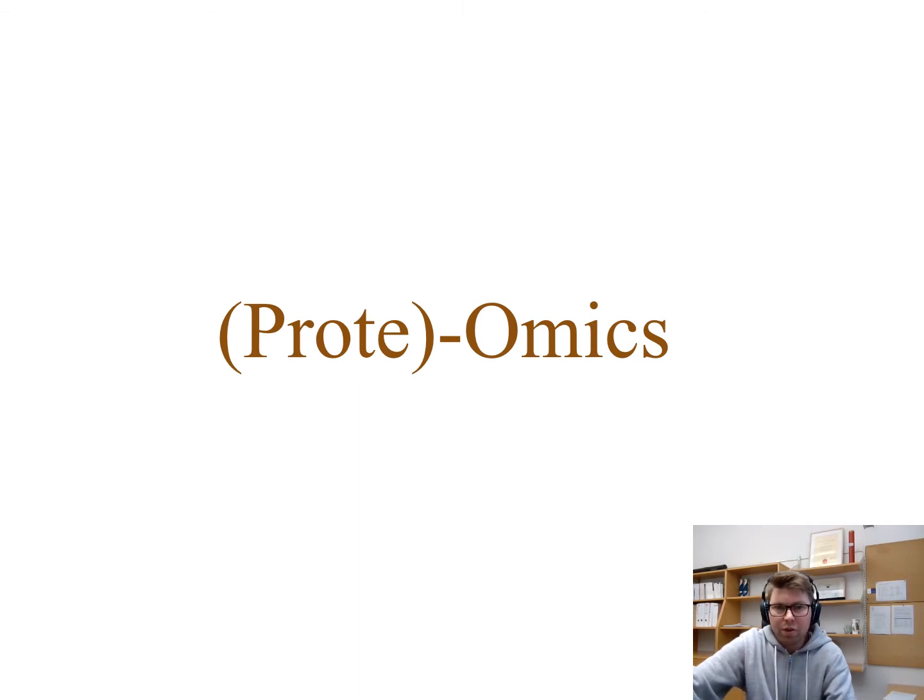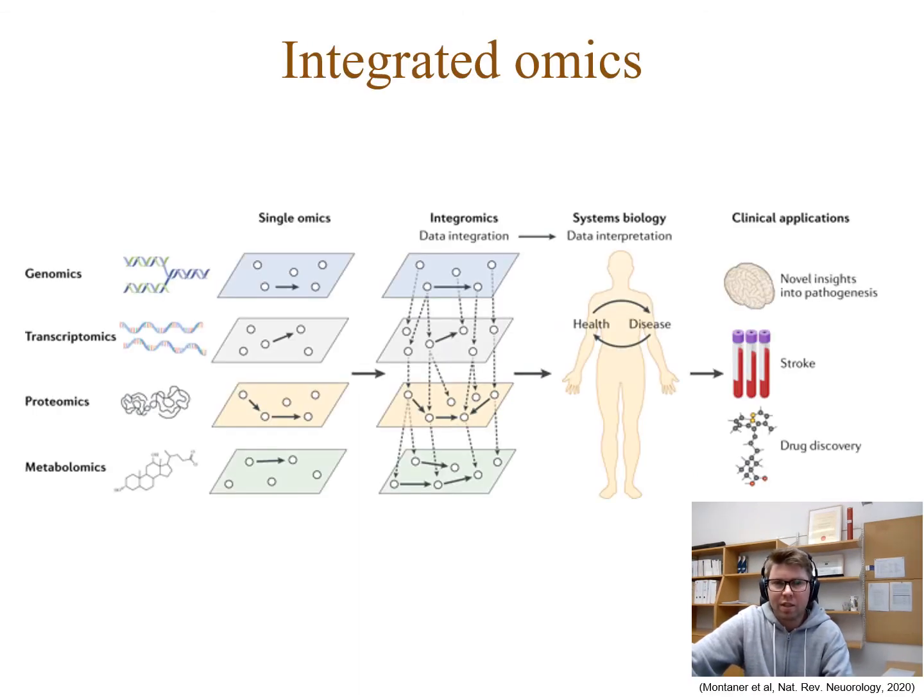So first about the omics and proteomics. This lecture is part of an integrated omics lecture package where Ashfaq Ali previously talked about the integration of different omics dimensions. And the different omics can, for instance, be genomics, transcriptomics, proteomics, and metabolomics.